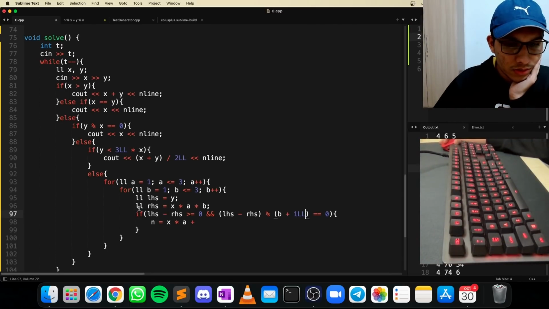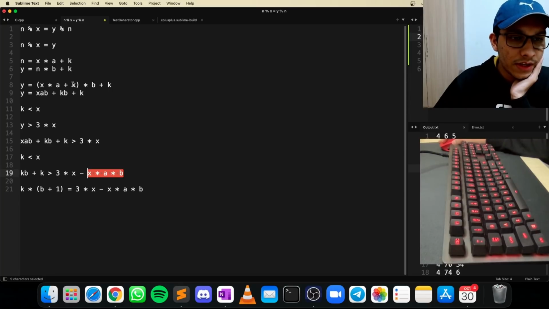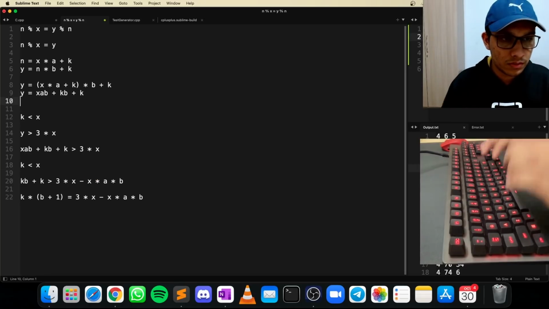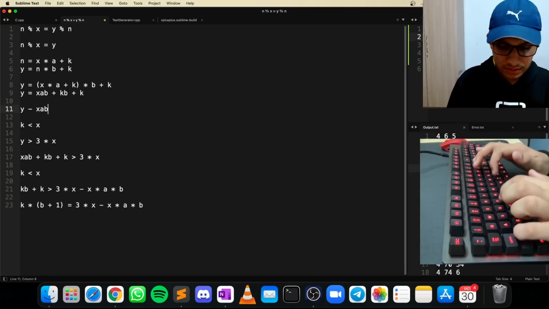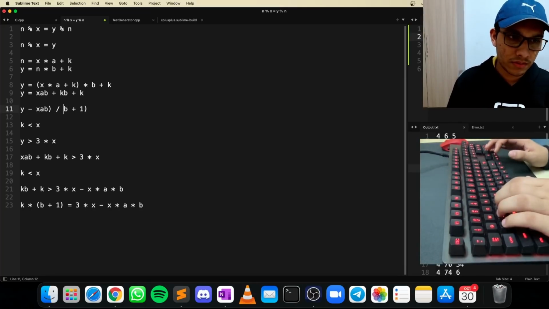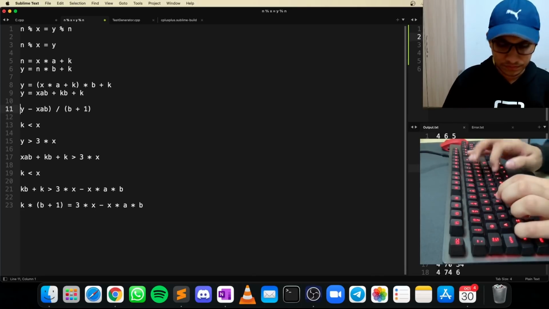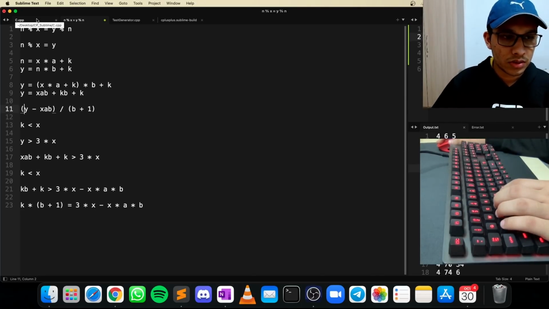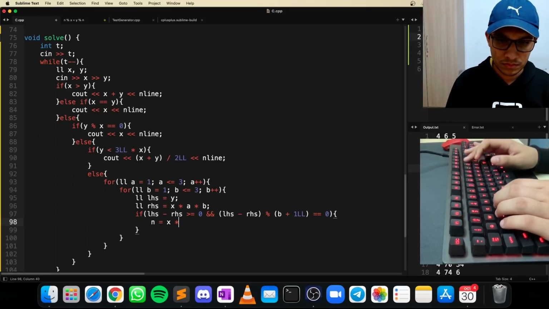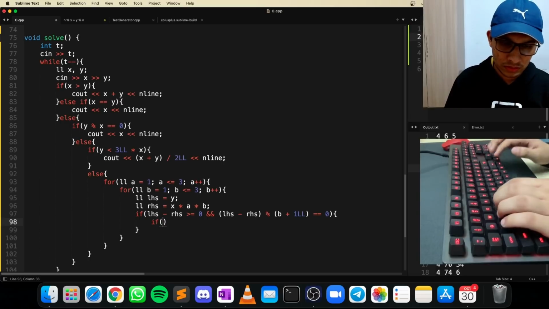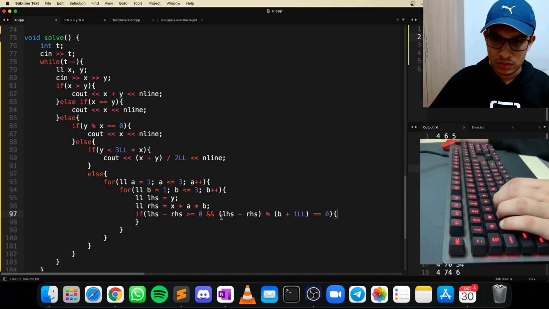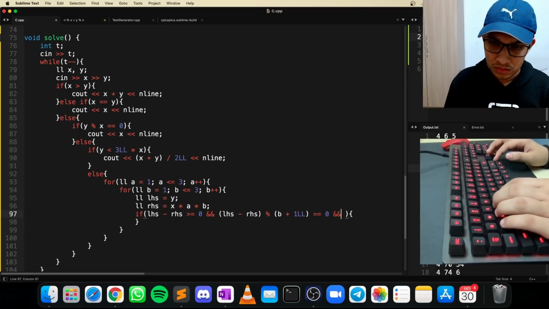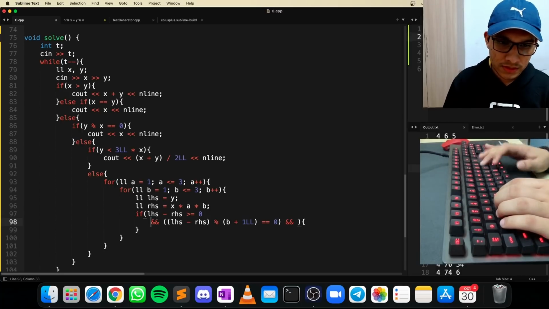LHS equals y, RHS equals x into a into b. Then I have kb plus k, so I have b plus 1 into k. So y minus xab divided by b plus 1 equals k. This is what I'm saying. These are the three conditions that I'm checking.